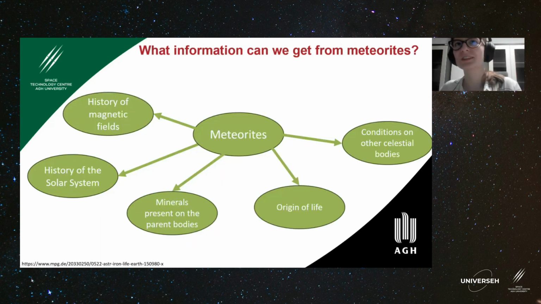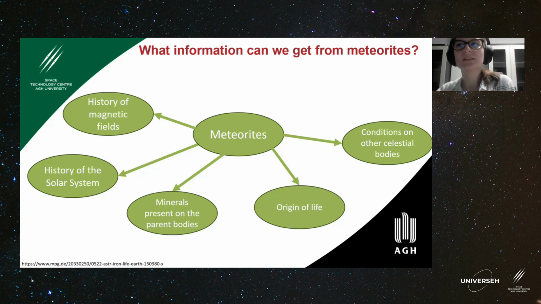And what information can we get from meteorites from a more practical point of view? Meteorites have, in most cases, magnetic properties. And in some cases, not all, maybe in rare cases, the history of magnetic fields can be recorded in meteorites.